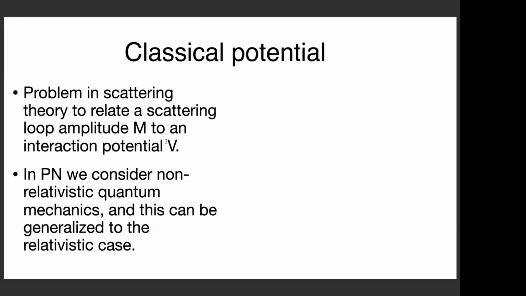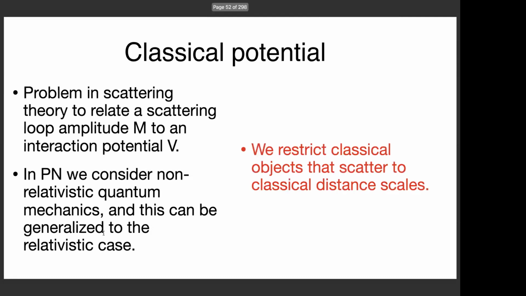That means we have to spend some time understanding how GR and the scattering amplitudes from the QFT are related. In PN, we have a quite well-defined framework for doing this, and we will see how we can generalize this to the relativistic case. Of course, we have to make some assumptions in all this. We restrict to quite classical objects, point particles, and we make them scatter at very classical distance scales, meaning that we are quite far away from the horizon of a black hole.